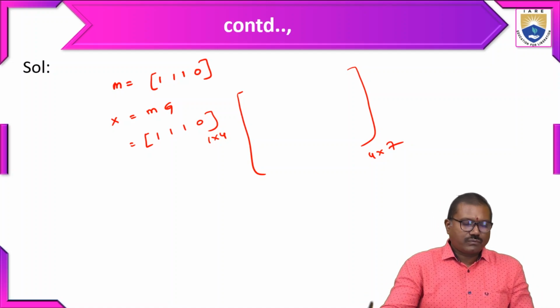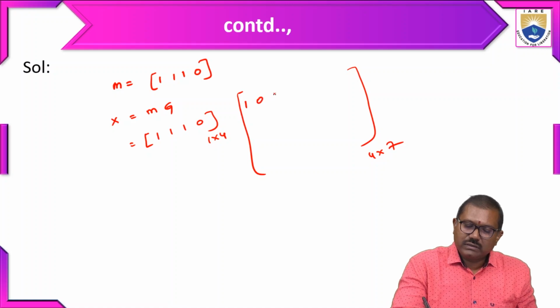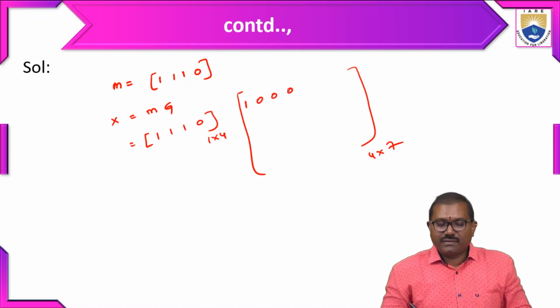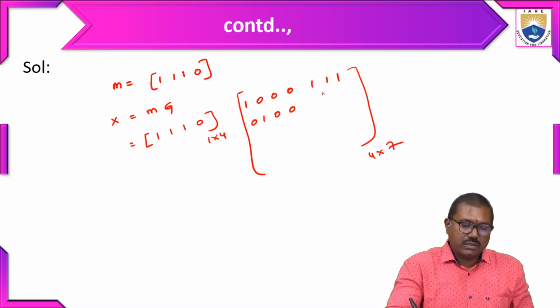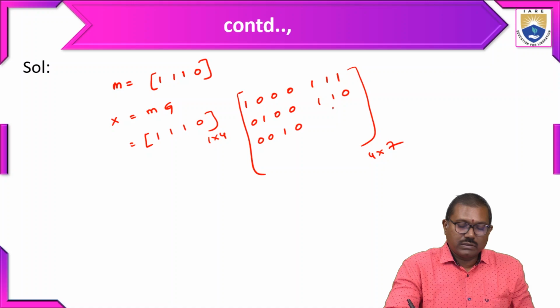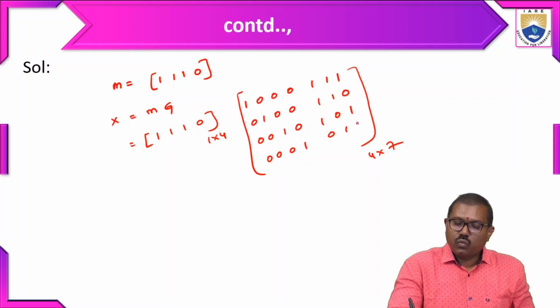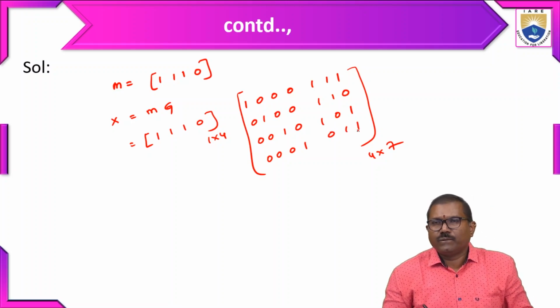Okay. So first is the identity matrix. This is the first row: 1, 0, 0, 0, 1, 1, 0. Then 0, 1, 0, 0, 1, 0, 1, then 0, 0, 1, 0, 0, 1, 1 and so on.